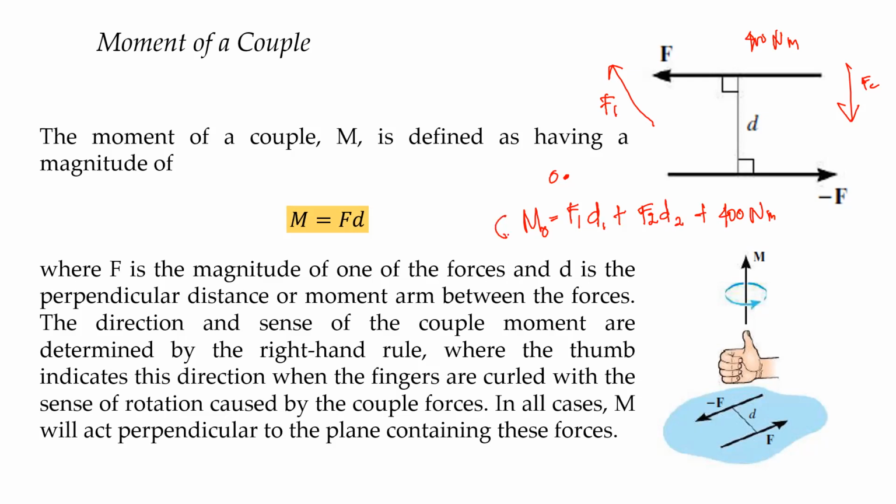Now, of course, we add or subtract our couple depending on our assumption. So let us say if we assume counterclockwise positive, and this couple here, going to the left and going to the right, creates a counterclockwise moment, so therefore we add.